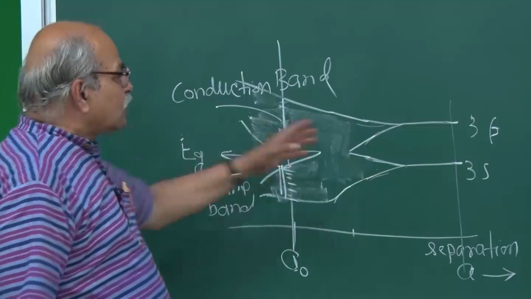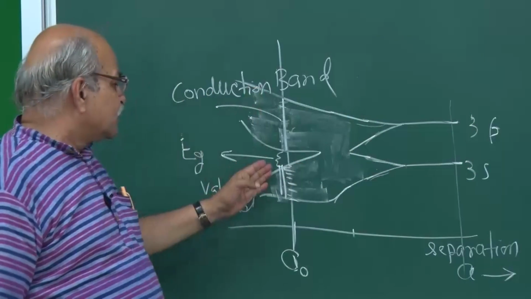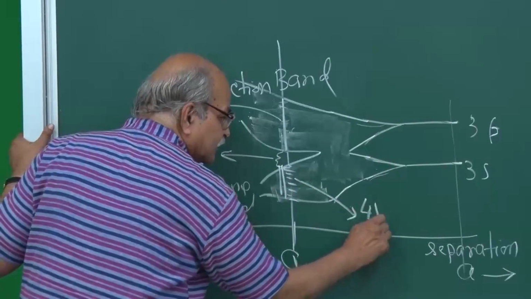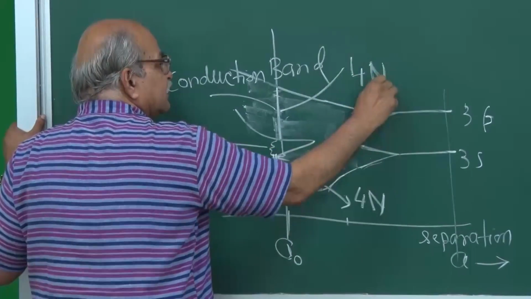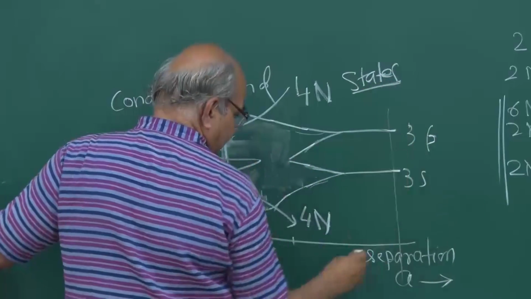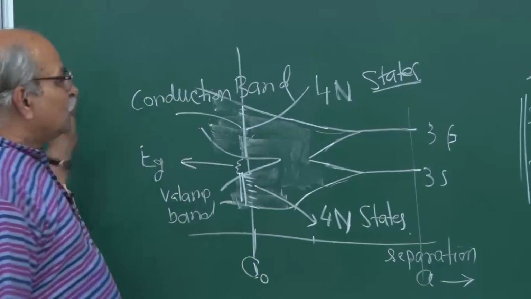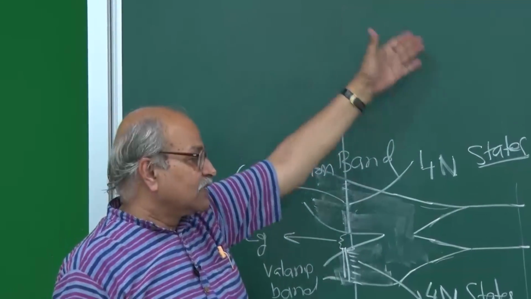And remember, the total is 8n states. In the valence band you have 4n states, and in the conduction band also you have 4n states. These are states, quantum states, not the electrons. Electrons, you only have 4n electrons.